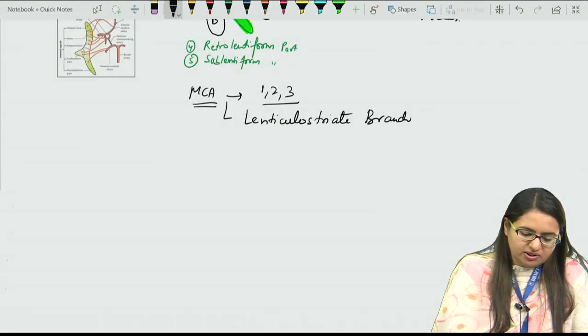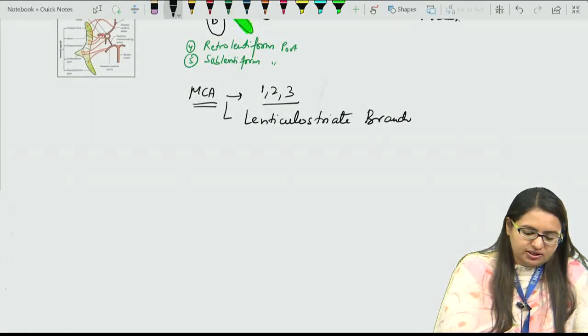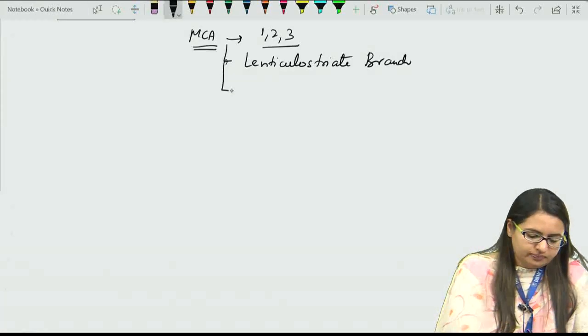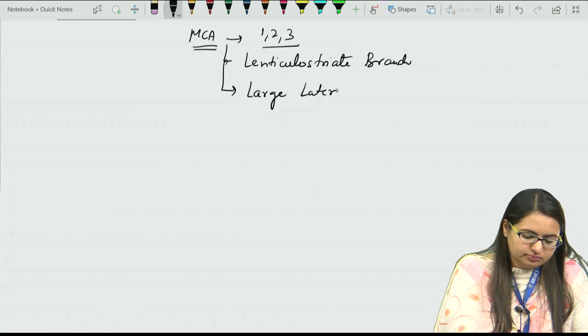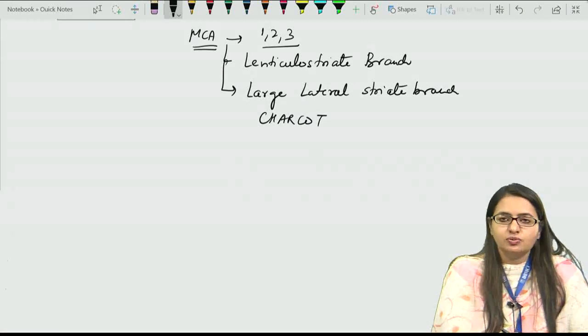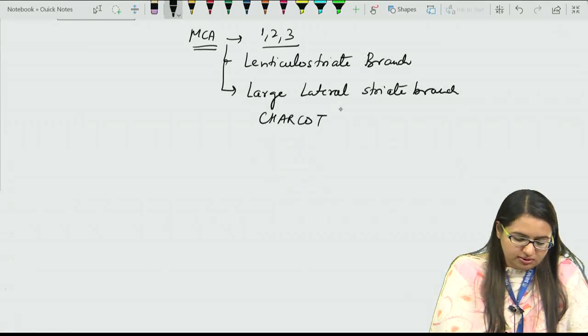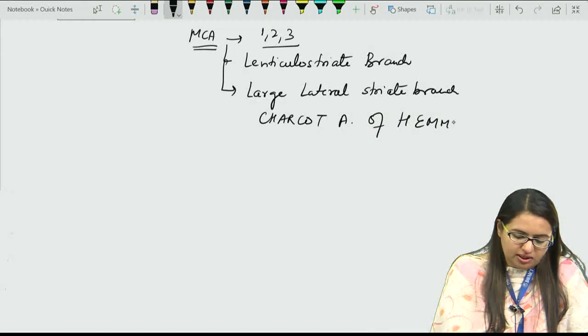Among these, one of the largest lateral striate branches is known as Charcot's artery of hemorrhage, because this is the artery which most commonly ruptures. It is given off by the middle cerebral artery.